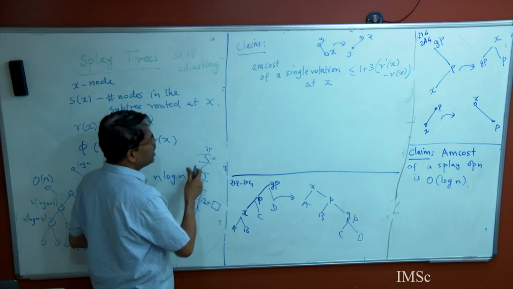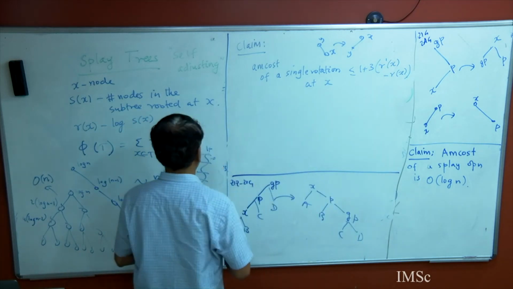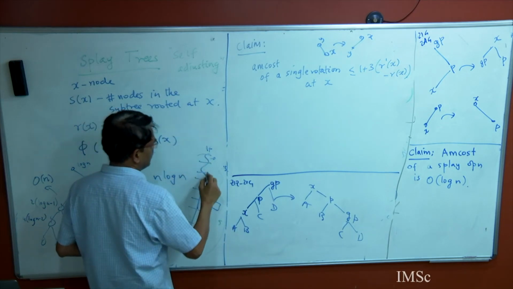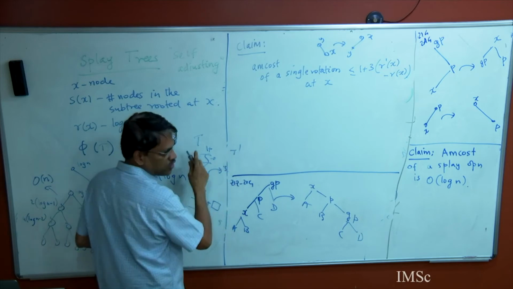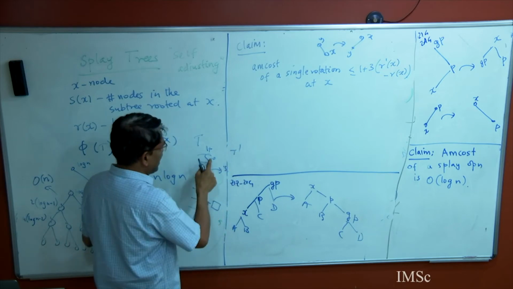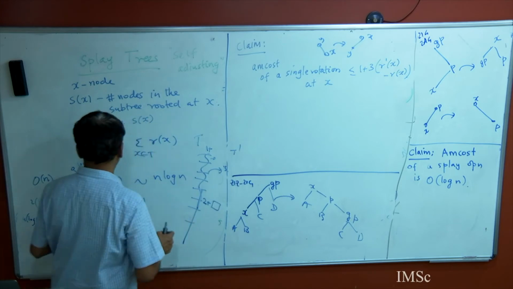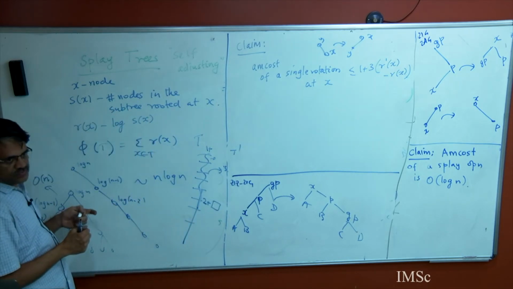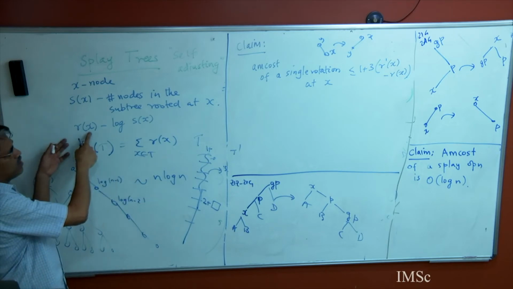So if you do a single rotation, what is r prime? The tree T changes to T prime after you do whatever operation. So the rank at the node x, I'm going to call it r prime. Because the tree changes, x's subtree changes, so r of x will change.